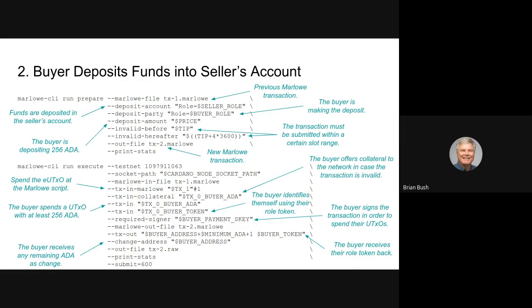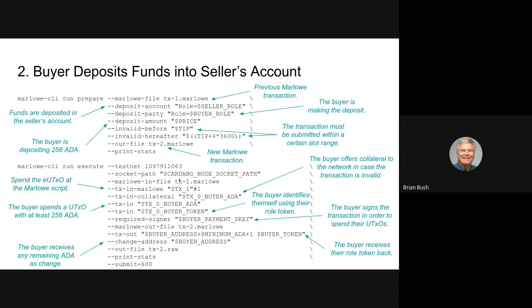So the role token doesn't stay at the script, it passes through the script and comes back to the buyer so they can authorize another transaction. And then, of course, the buyer has to sign this, so they're a required signer. And then the transaction we're creating is this tx2.marlowe.